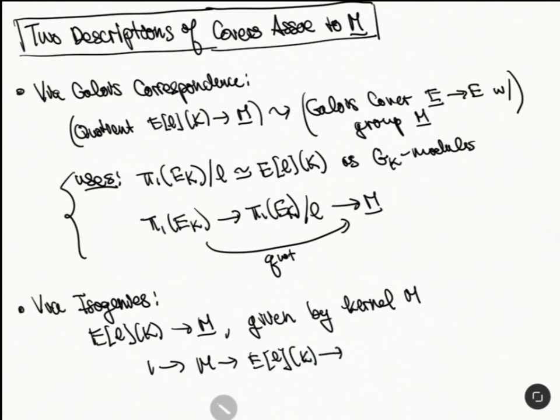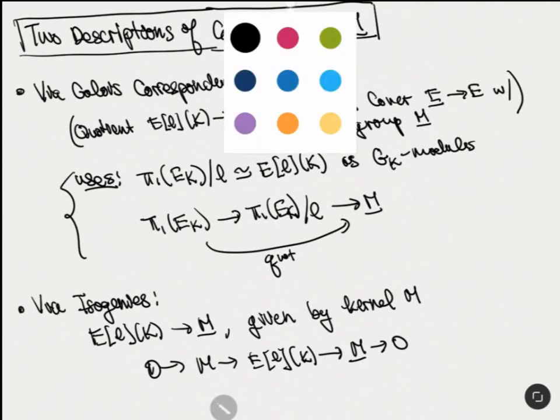Let's write it additively, like so. Then the dual isogeny is the one that we have, and these two things are the same. Like I said, we consider this M as an elliptic curve with level structure. So that's these covers.